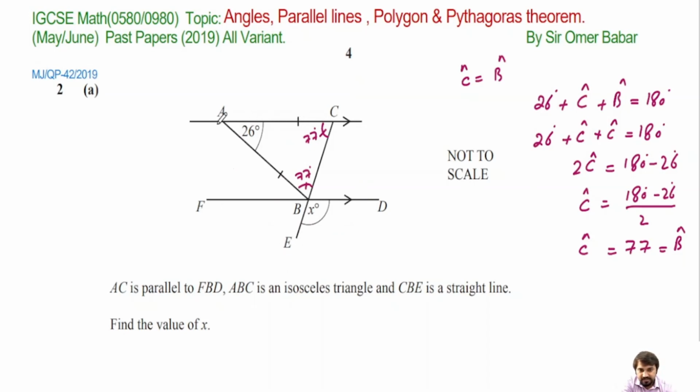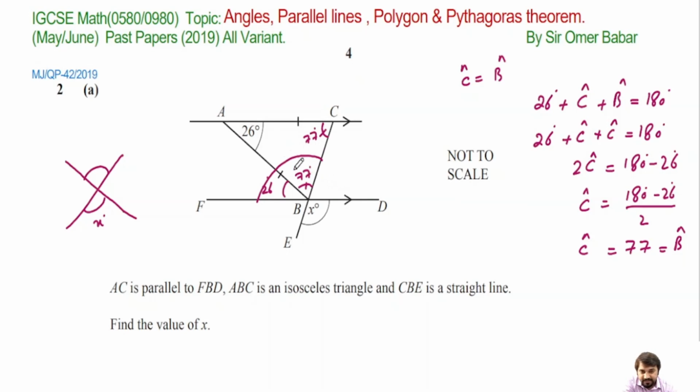Now we have this Z shape angle, this one. If this is 26 degree, then angle FBA is also 26 degree. Why I'm writing this? Because I'm going to apply a rule here. Vertically opposite angle. See, we have here x degree. X degree is opposite to this one.